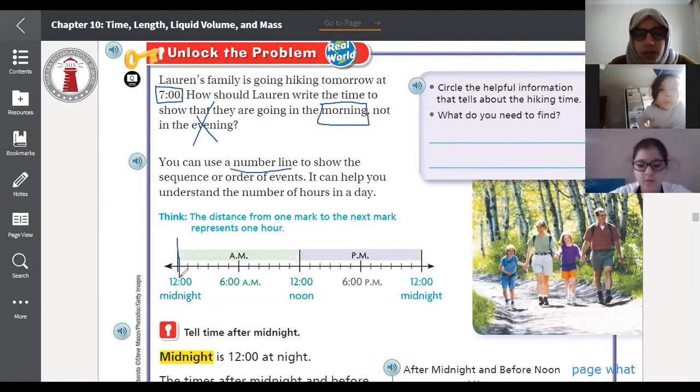The day turns on the clock to a new day at 12 midnight. When it's 12, it starts with AM. So 12 AM, and then 6 AM is when we wake up to pray Fajr.